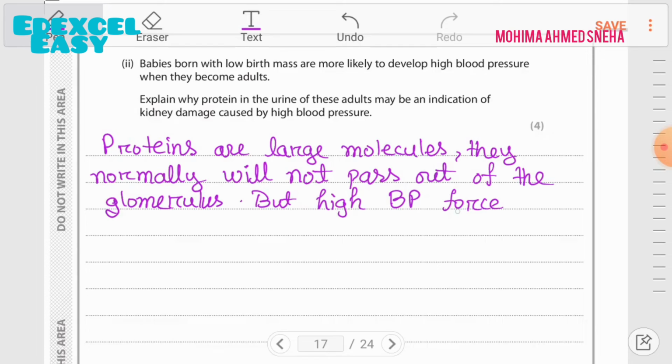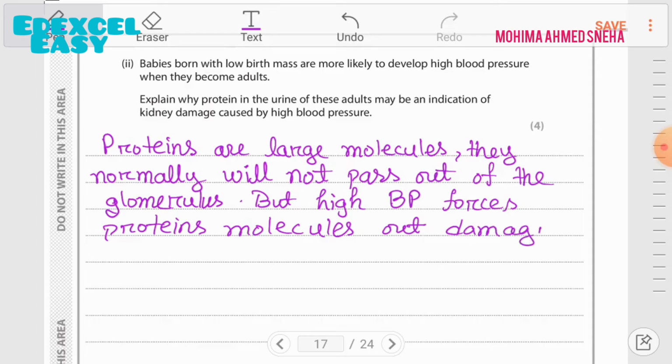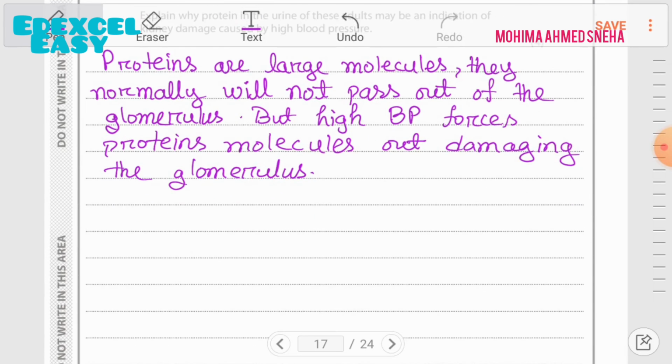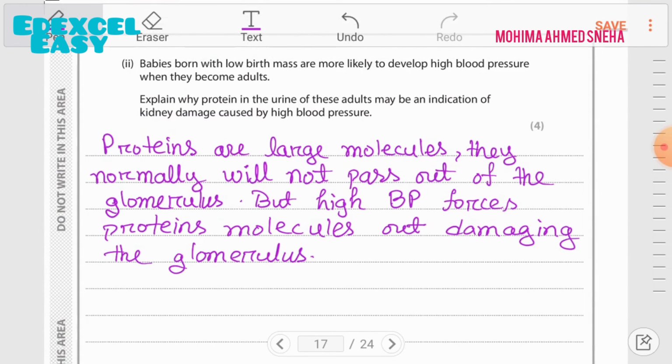High BP forces protein molecules out, damaging the glomerulus. And with this, part B2 ends.